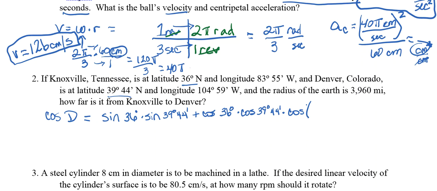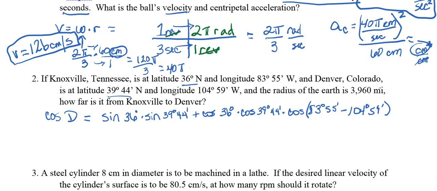We subtract them, and you have to do it in the same order that you placed these. So since I put the 36 degrees first, I'm going to take the longitude of that one first. So that's 83 degrees 55 minutes minus 104 degrees 59 minutes.